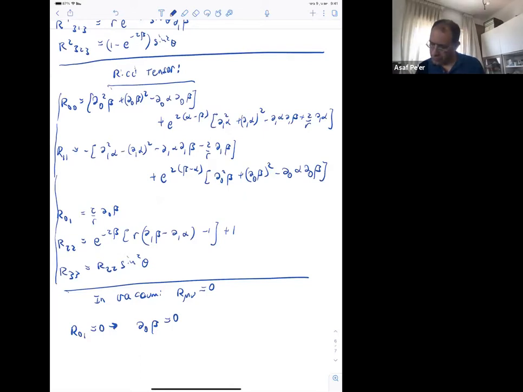Now we have R22. We take the time derivative of R22 equal to 0, so it's really d0 R22 that should be equal to 0.